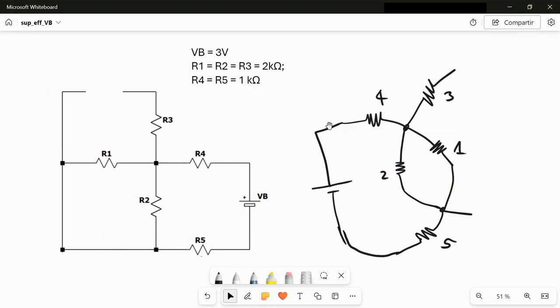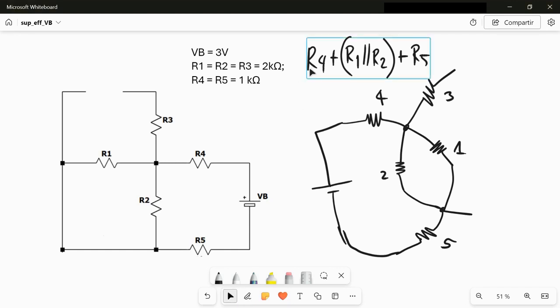So the equivalent resistance seen by the battery is equal to R4 plus the parallel between R1 and R2 plus R5. So we have R4 and R5, which are 1 kilo, R1 and R2, which are each 2 kilo.